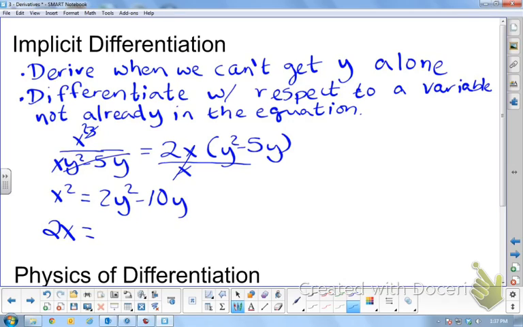The other part, now we have to implicitly differentiate. We differentiate this piece normally. What's the derivative of 2y squared without worrying about implicitly differentiating? For y. But what do we have to multiply by? Y prime. Now when it's been with respect to x, we've been writing y prime.